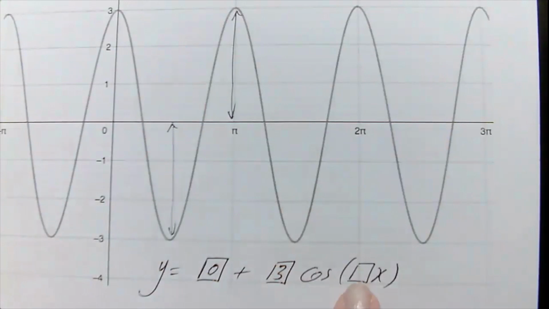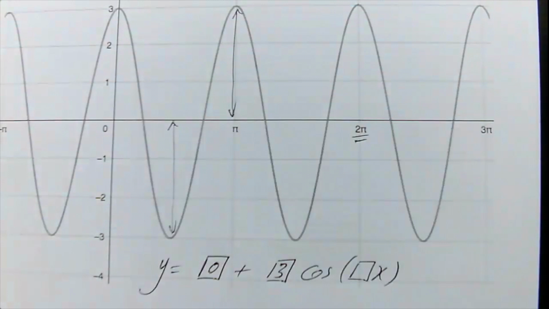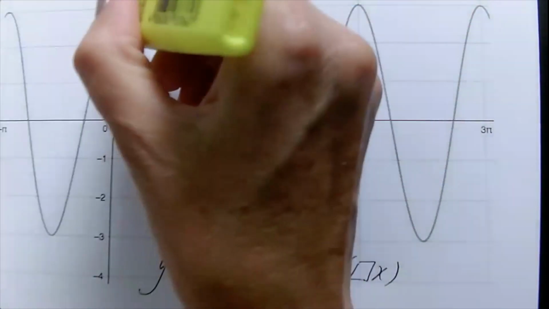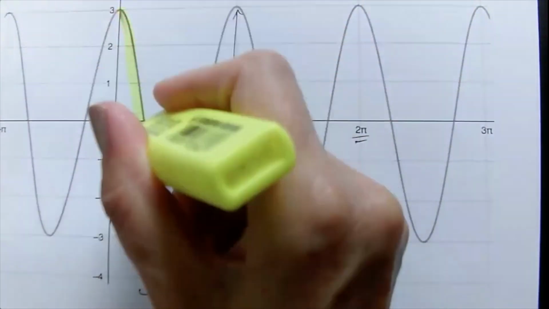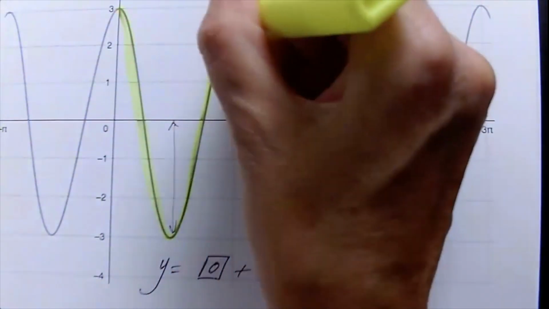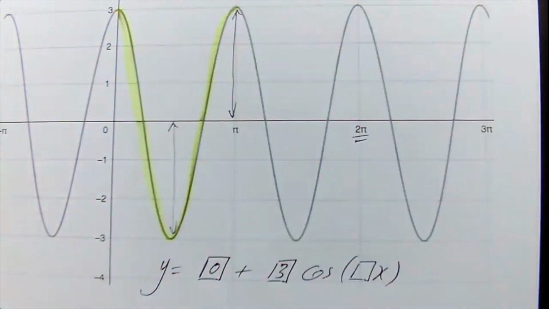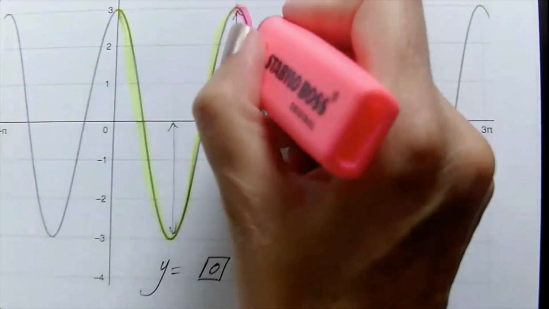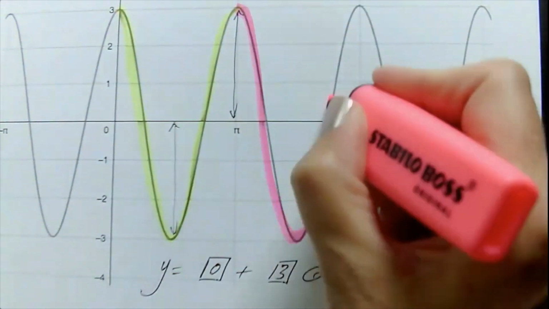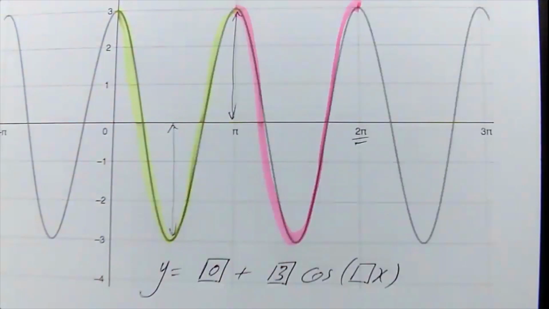So 3 is the stretch. And now let's have a look at the period. So there's my original 2 pi. How many of the cos U shapes do I have? So there is 1, and there is 2. So I have 2.